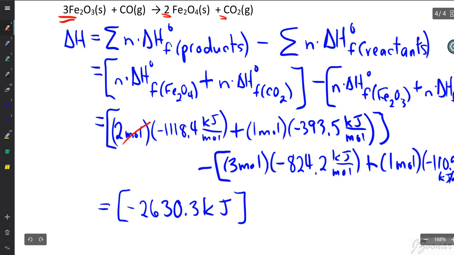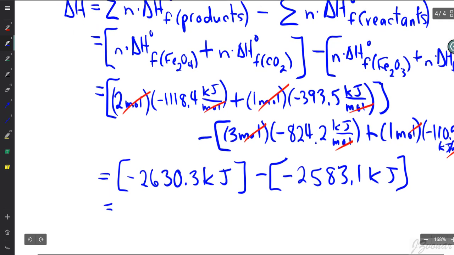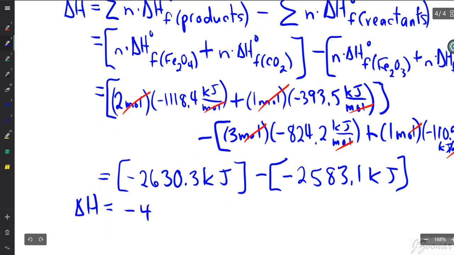All right, so my moles cancel with moles in every instance here. And then I also work out my second square bracket, ensuring that I'm taking care of all those negatives, and I get an answer of negative 2,583.1 kilojoules. Now I got a negative and negative, folks, so it's got to be positive, so make sure that we do that correctly. And we're going to get a final answer of negative 47.2 kilojoules.